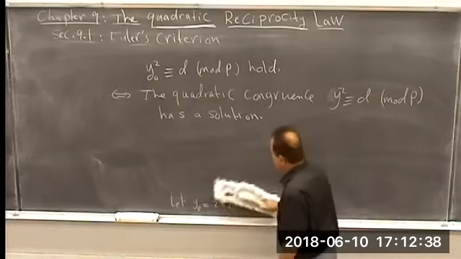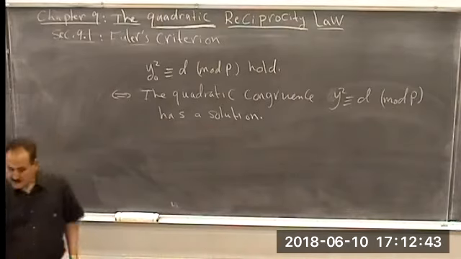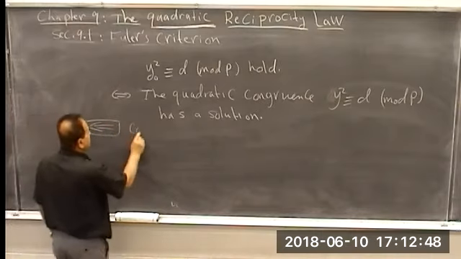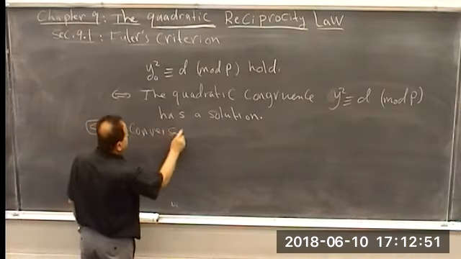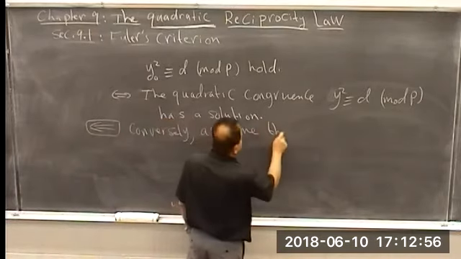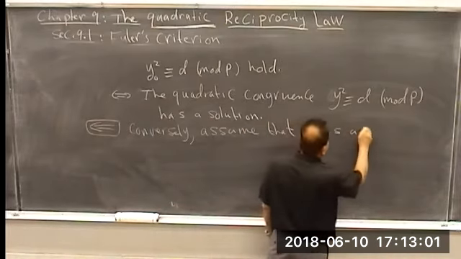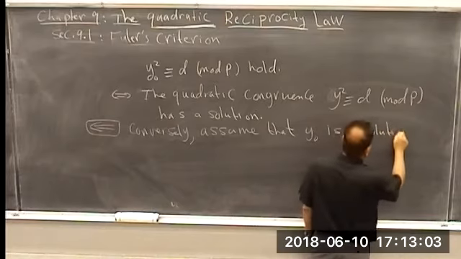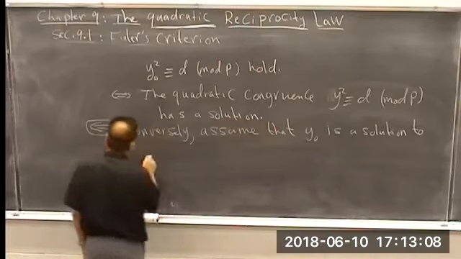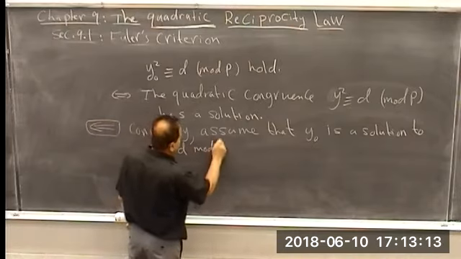So conversely, going the other way around in the proof, assume that y sub 0 is a solution to y squared congruent to d mod b.